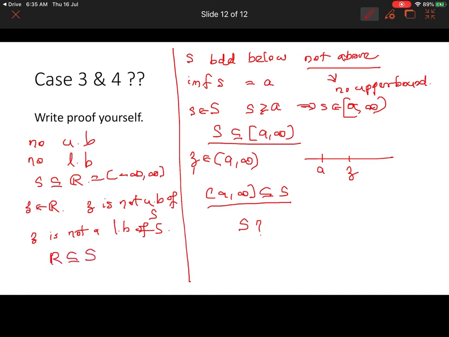Use that to conclude R is a subset of S. Here you have S a subset of R and here we have R a subset of S. So S is equal to R, which is the interval minus infinity, infinity. Again, it's an interval. Okay, so try to write down the proof properly.